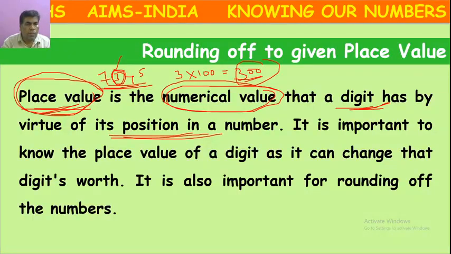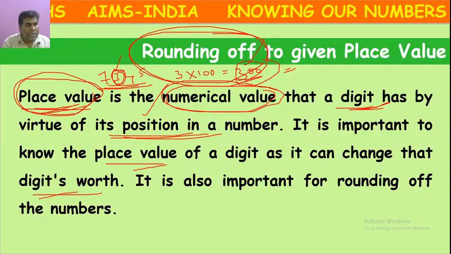So for rounding off any given number, we have to know the place value of the digit first, the digit's worth. It is very important for rounding off numbers.